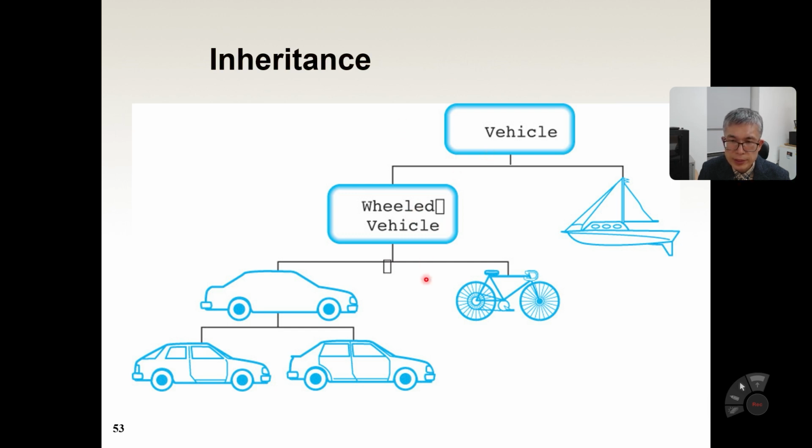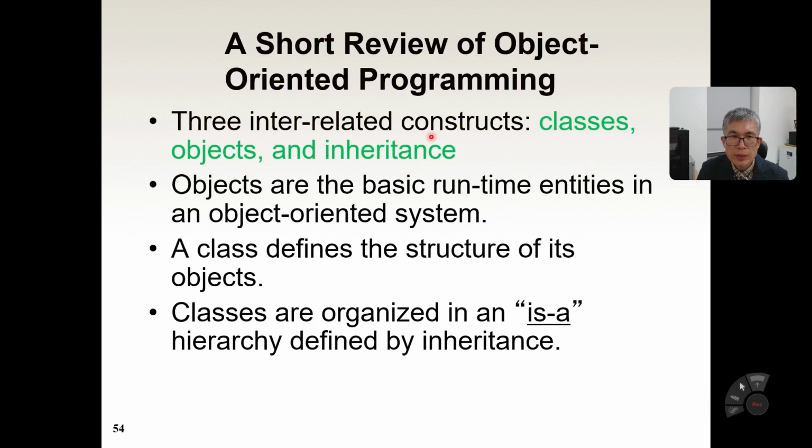Then here with vehicle and bicycle, we can make objects using wheeled vehicle, and another vehicle is a boat. In a short view of object-oriented programming, three interrelated constructs are used: classes, objects, and inheritance.